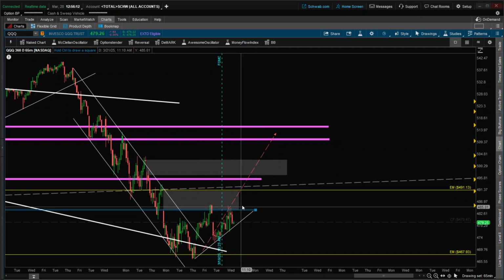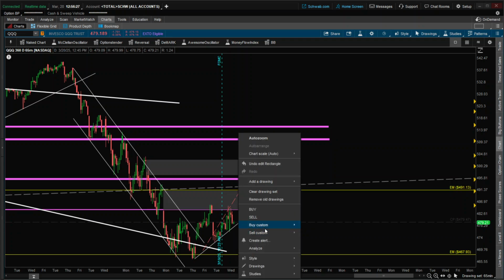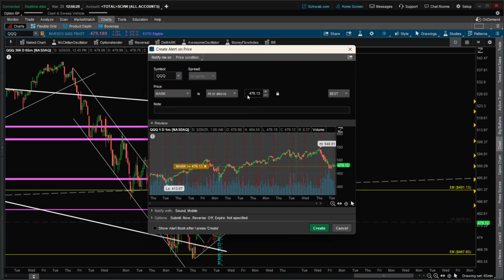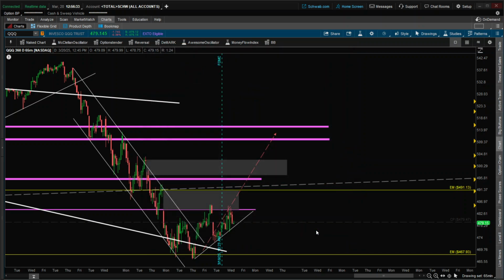So I think this resolves to the upside. We should not get lower than this low here, and that's at 476. We should not violate underneath 476. I'm going to set my alert. And that's approximate. So below there, reevaluate.